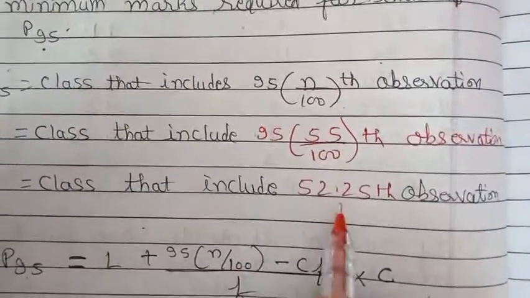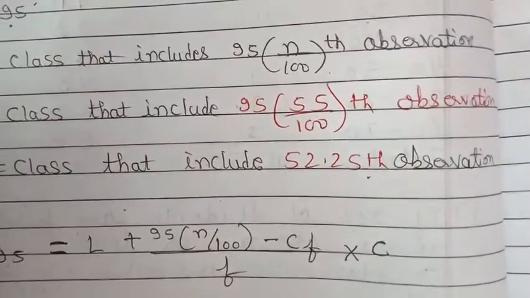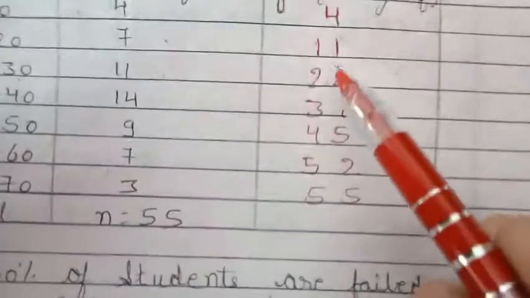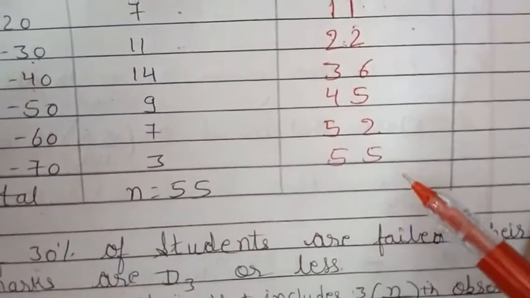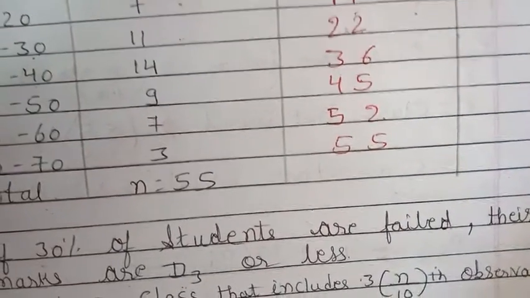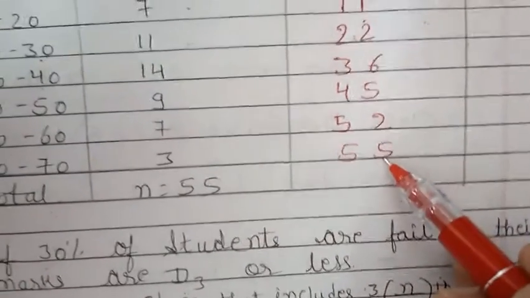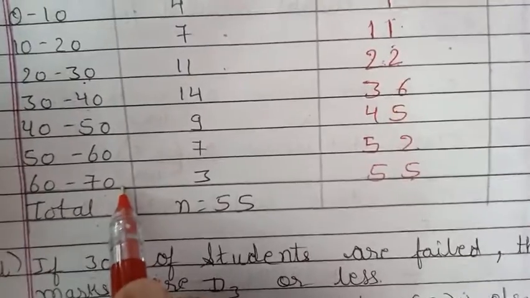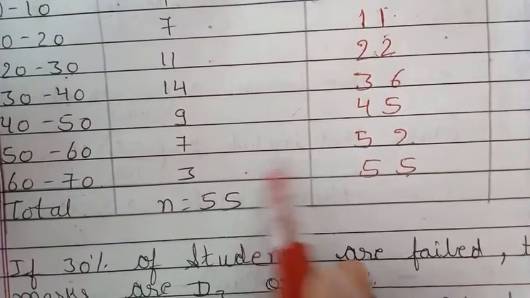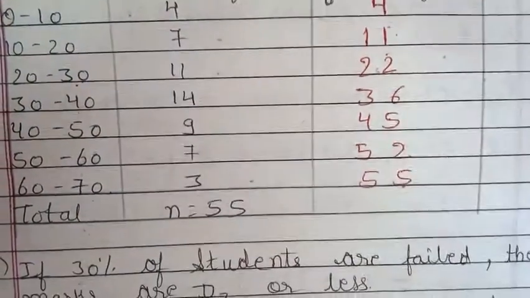So the class that includes the 52.25th observation, this you have to see in the CF column. Now 52.25 will come in the last class, that is 55. So the class will be 60 to 70, frequency will be 3, and CF will be 52.